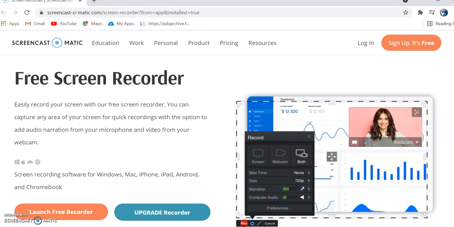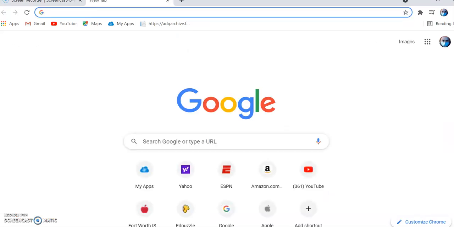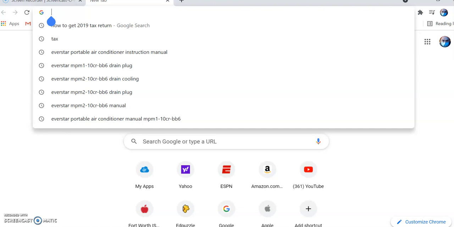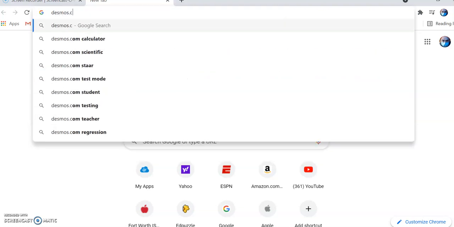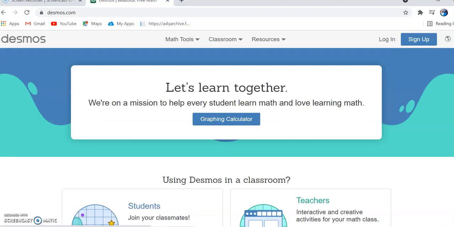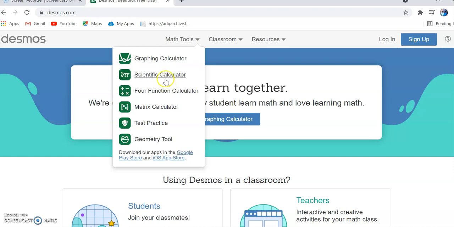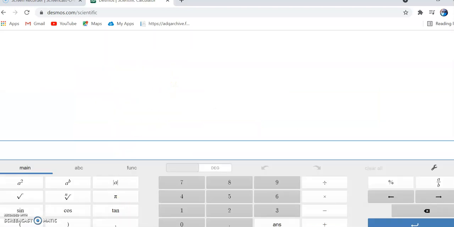So what I can do is use a calculator called Desmos. I don't need a graphing calculator. I'll just need a little scientific calculator. So it's 16 times 21. It's 336.